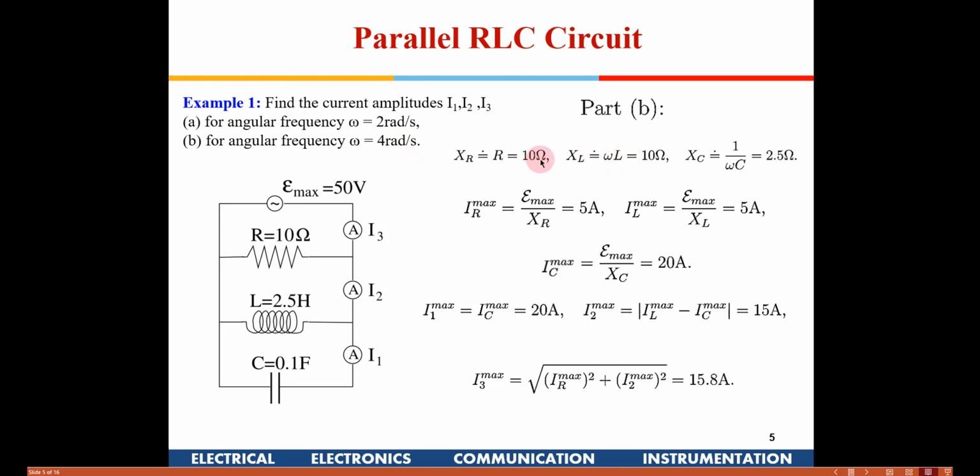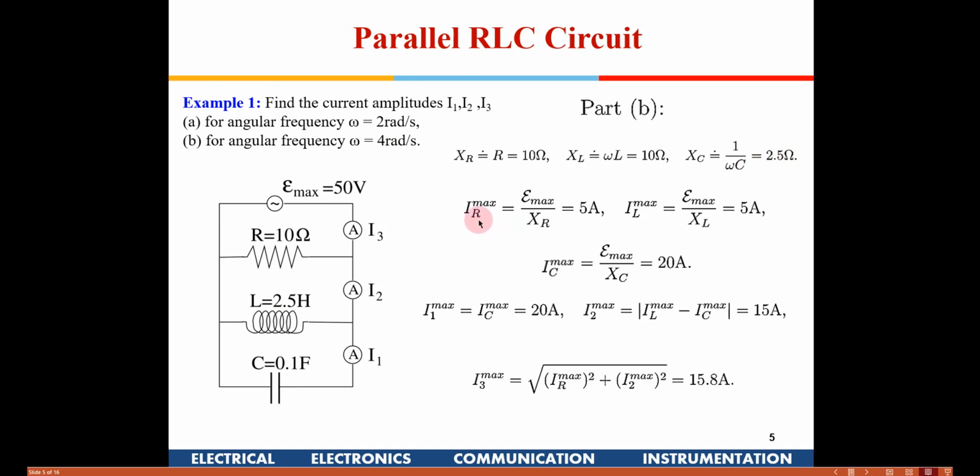The resistance is 10 ohm. The reactance of the inductor will be L omega, which is again 10 ohms, because 2.5 into 4 is 10. And XC is 1 by C omega. Omega is 4 and C is given as 0.1, so you get 2.5 ohm, right?